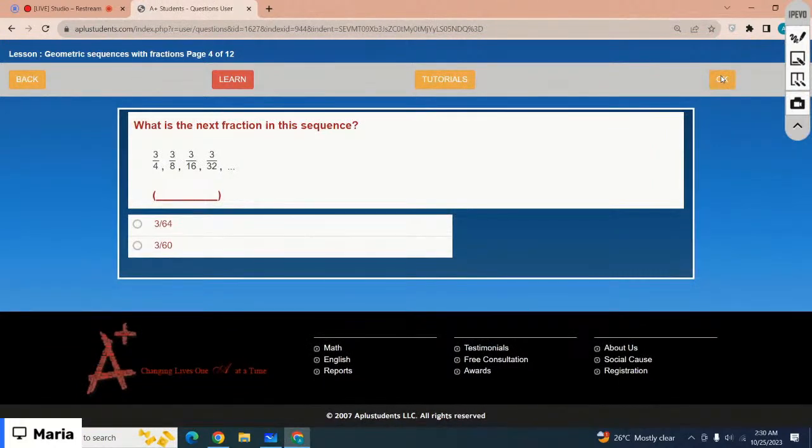The next one is, what is the next fraction in the sequence? So which is the correct option?